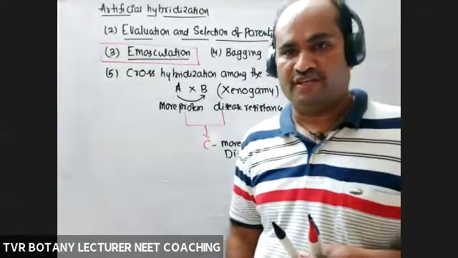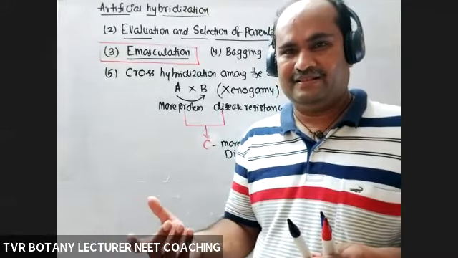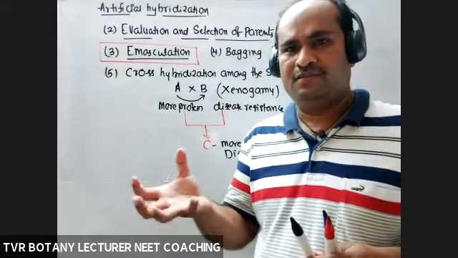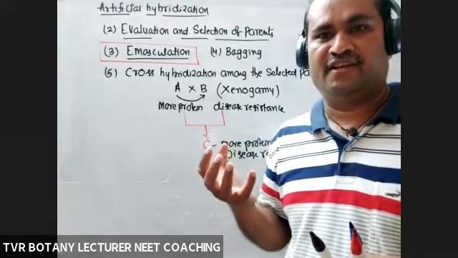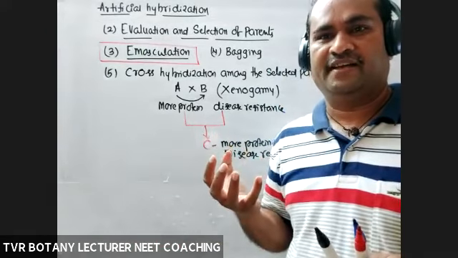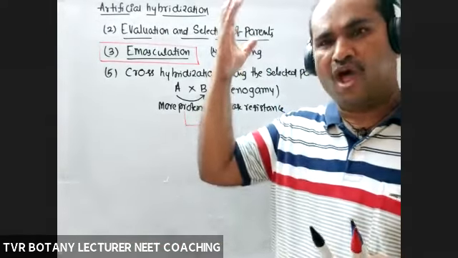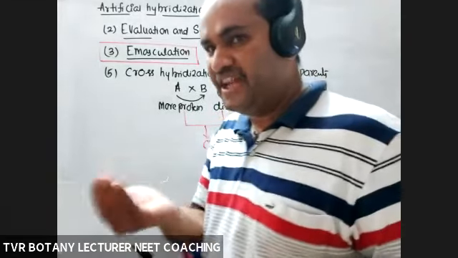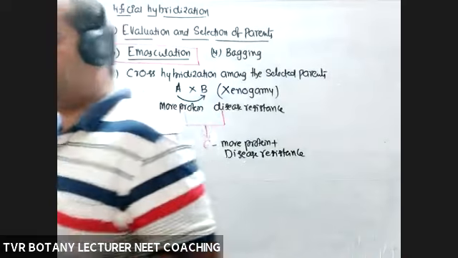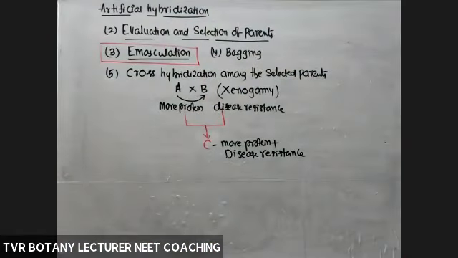So it is time-consuming, tedious, means a lot of work we have to do. Means collection of parents, transfer of pollen grains, more labor required. We have to wait for a prolonged period or not. So these are certain limitations, constraints of artificial hybridization.